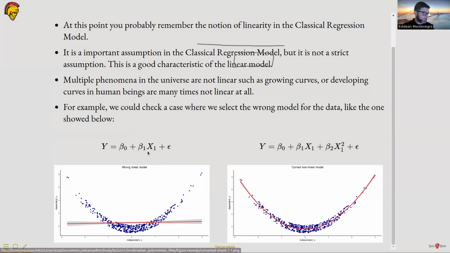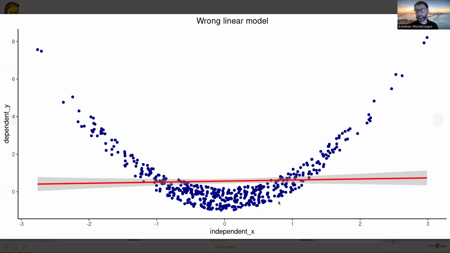And actually, a linear model could be wrong in many cases. Like, for example, in this case, look at this data. We have our predictor, it could be any x variable and any y variable. And look at the data, it has this beautiful concave function right here.